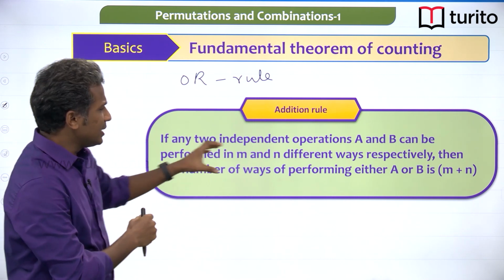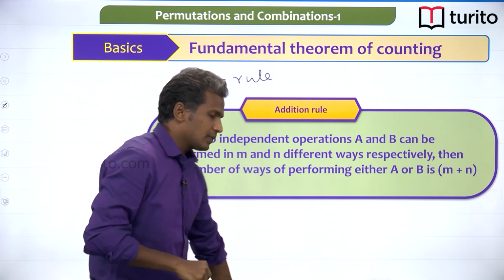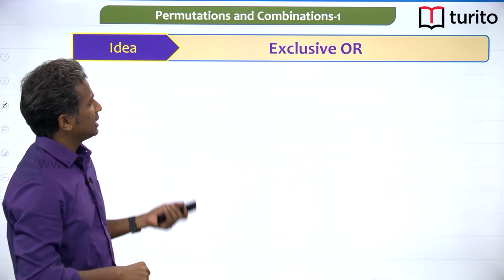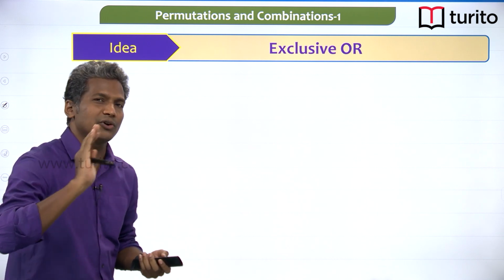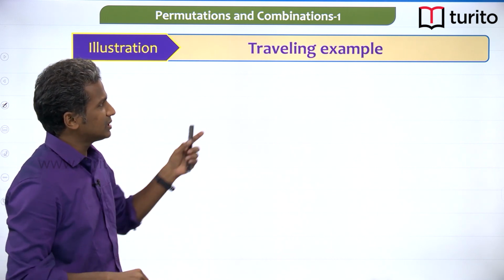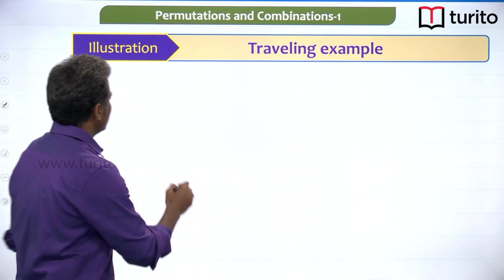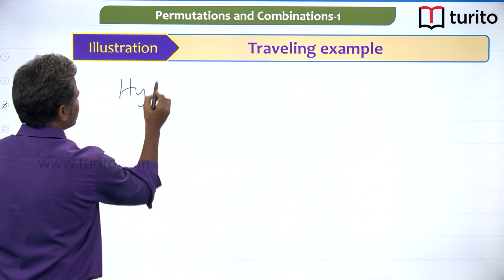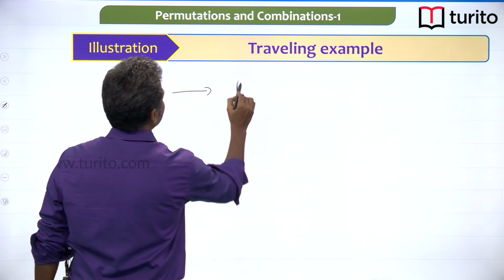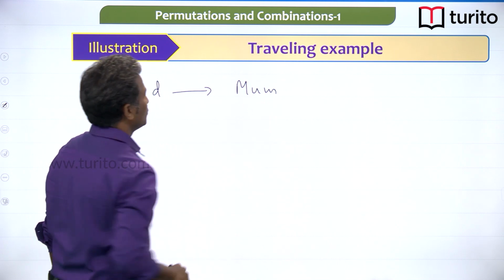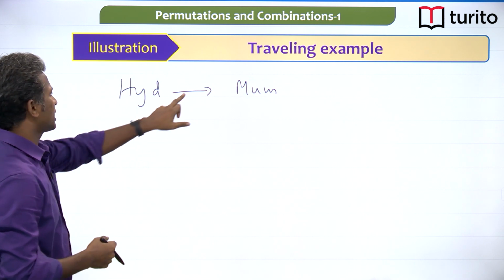Now, what is the meaning of this OR? Let me get deeper into this OR. We also sometimes call this exclusive OR. I will explain this through an example. Let us say you are in Hyderabad and from here you want to go to Mumbai, and we are looking at the modes of transport.